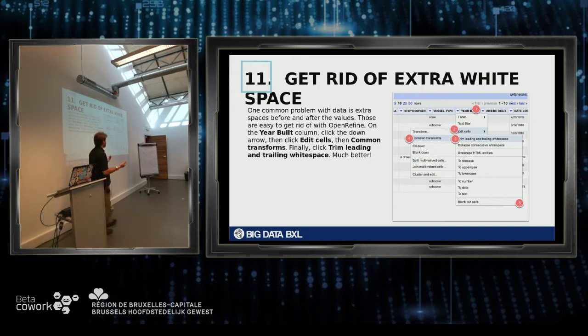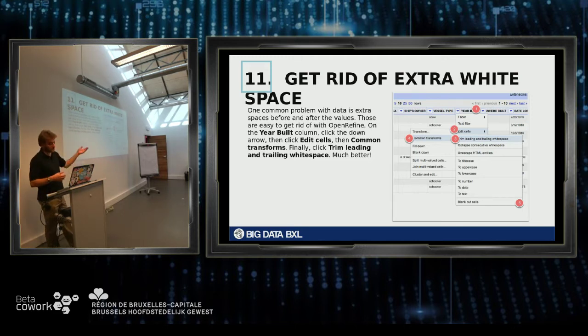First of all, you don't see it when you look at it in the browser, and it's also going to mess things up. You won't necessarily be able to figure out that this is a number, what the value of it is, and also you may have differences in matches. So it's always a good idea to get rid of white space by using that other very common transformation there.